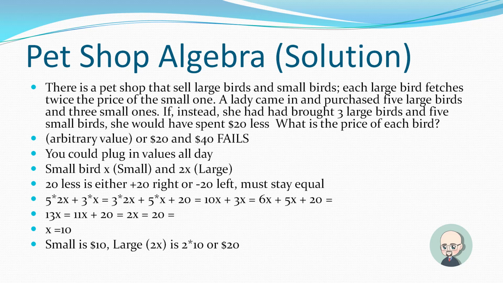And this woman came in and purchased 5 large birds and 3 small birds. So the small birds are x, so that's 3 times x for the small ones. The large ones are 2 times x, and we have 5 of those.